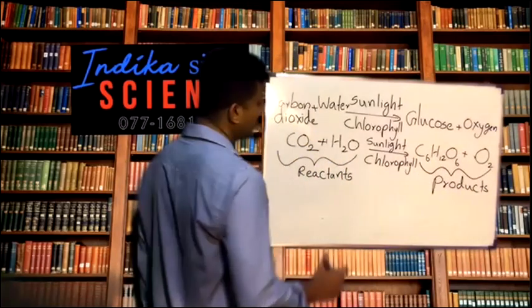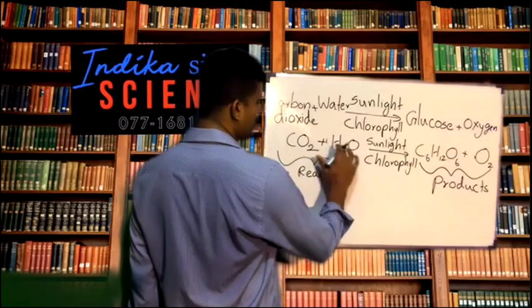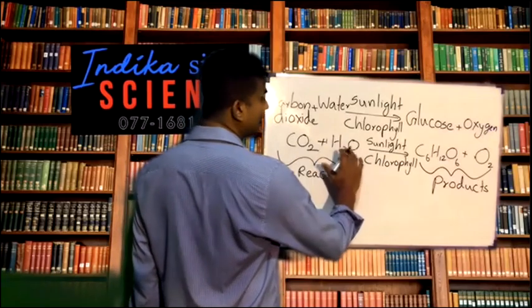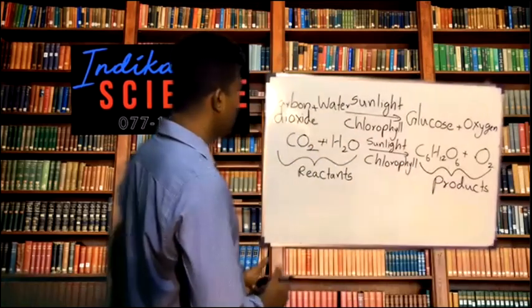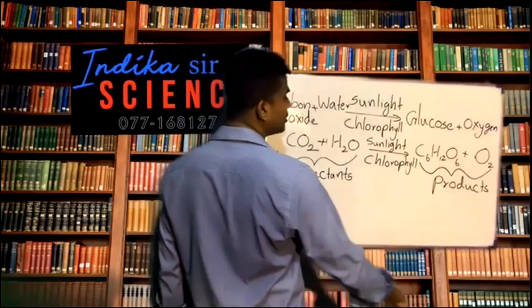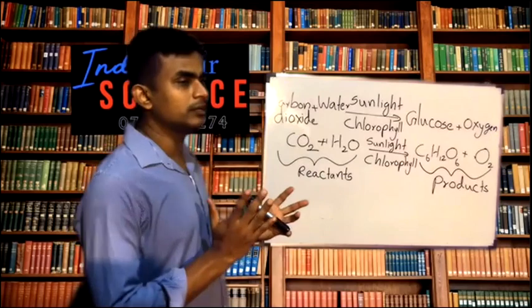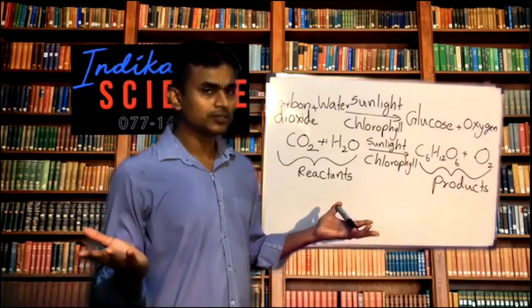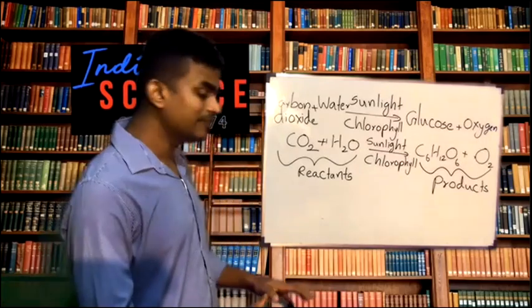And oxygen, 2 and 1. Here 1 oxygen, here 2 oxygen, 3. But this side 6 plus 2, 8. And hydrogen, reactant side is 2 hydrogen, product side 12 hydrogen. By looking, you can say it's somewhat different. The values do not coincide with each other.